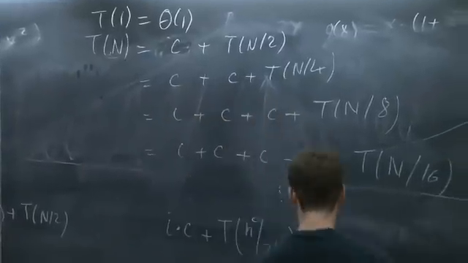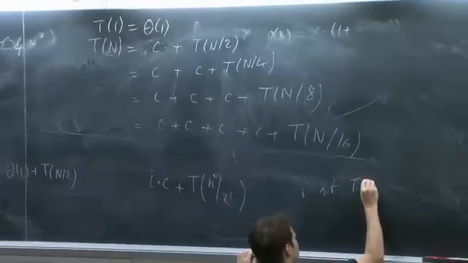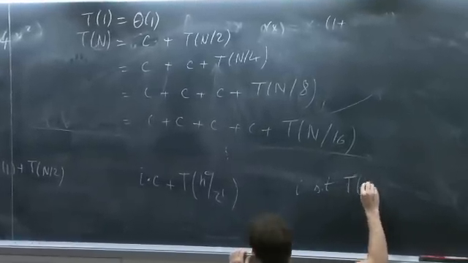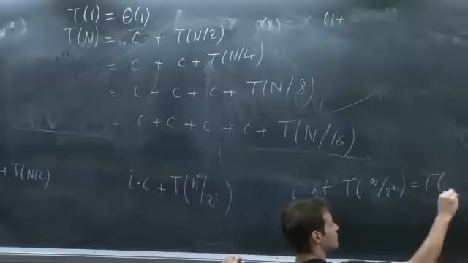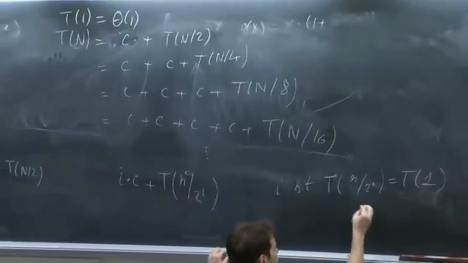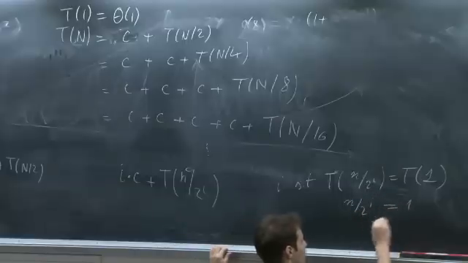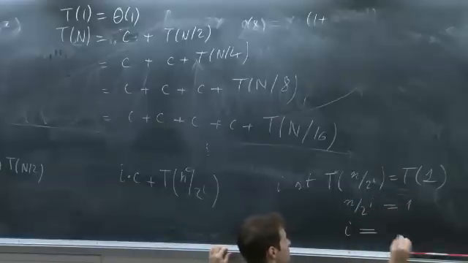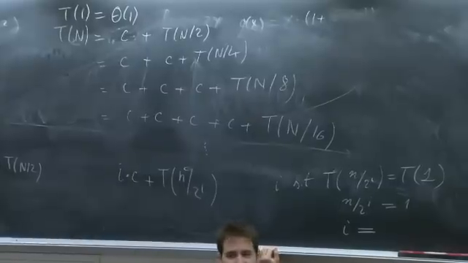So I want to figure out an i such that T of n divided by 2 to the i equals T of 1. And the easiest way of doing that is to say that n divided by 2 to the i is 1. So i is the inverse of an exponential.